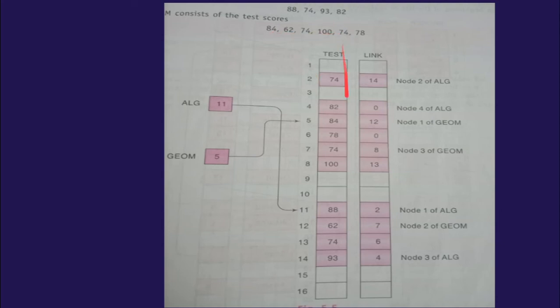This is how the list is generated, and from 74, 8 is the location, go to 8, which is 100, then from 100 the location is 13, go to location 13, the value is 74. So you can see after 100, 74 we got, and then finally 6. So 6 is the position containing the value 78 and then 0. So with this the list GEOM is also over. So this is the way how to follow the list with the double values. So this is the two list representation.